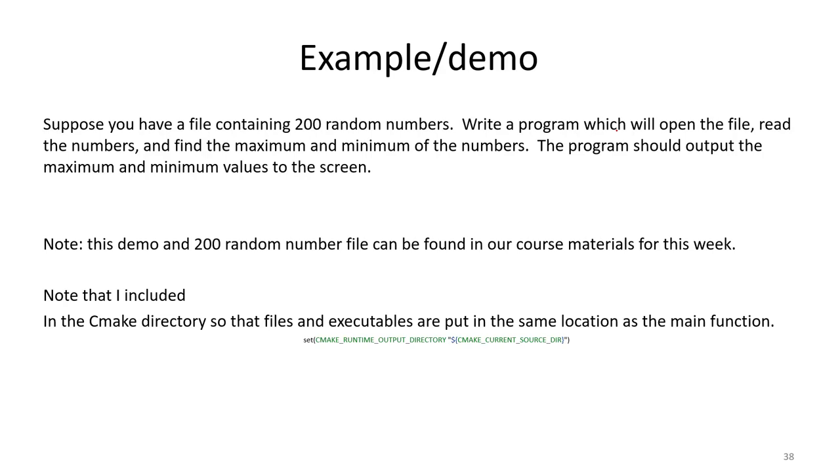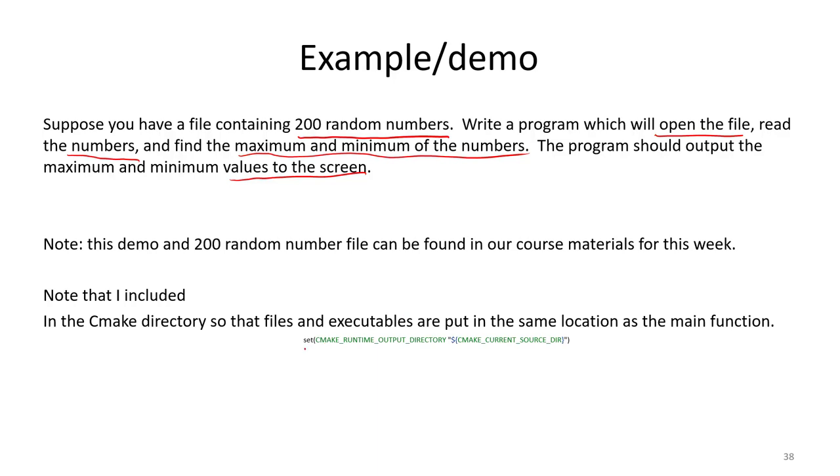And so here's our demo. We have a data file containing 200 random numbers. We want to write a program which will open that data file, read the 200 random numbers, and find the maximum and minimum of those numbers. The program should output the maximum and minimum values back to the screen.